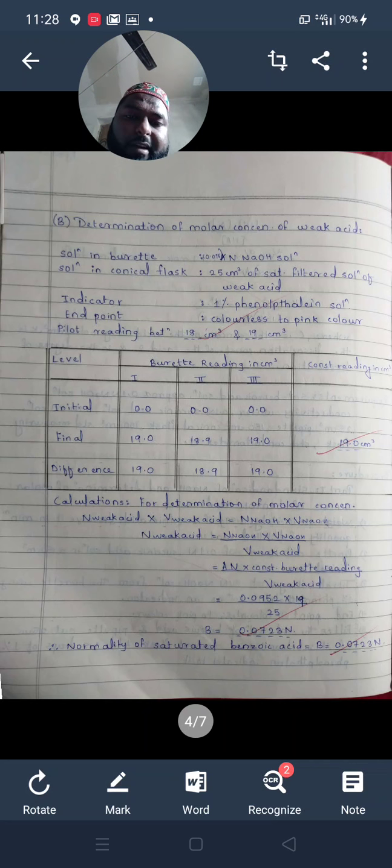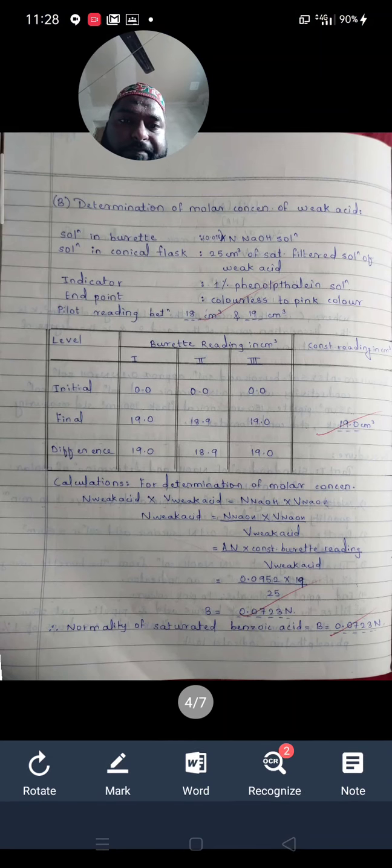The normality of NaOH is known, and the burette reading is nothing but the volume of the NaOH. The volume of the weak acid we have taken is 25 cm cube. From this we can calculate the normality of this saturated benzoic acid solution.